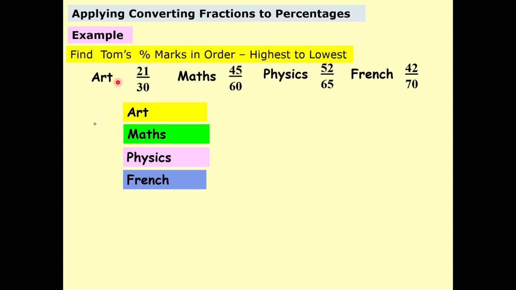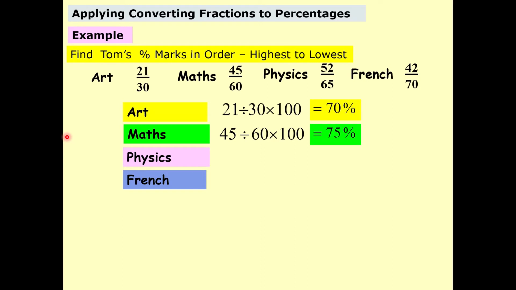So to convert that to a percentage, we're going to do 21 divided by 30 and then times it by 100 to get 70%. And then for maths, we're going to do 45 divided by 60 times it by 100 to get 75%. For physics, 52 divided by 65 times it by 100 to get it into a percentage is 80%.